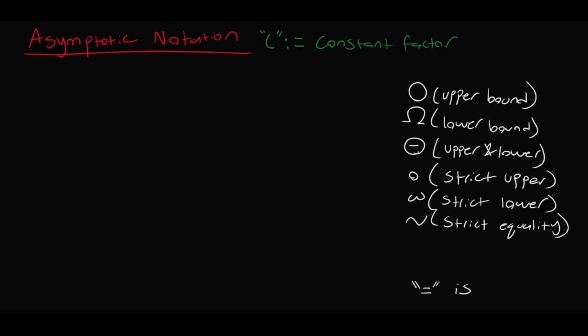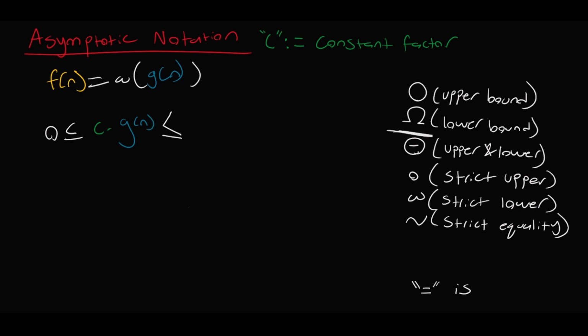Now we're going to be talking about strict lower bounds, so little omega. So let's say f of n is little omega of g of n. This is to say that g of n, within a constant factor, is strictly less than f of n, not less than or equal to, like big omega.